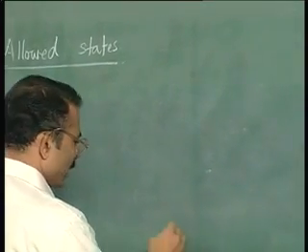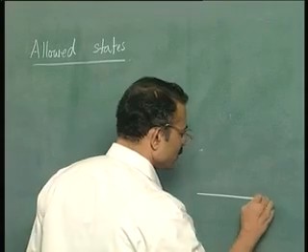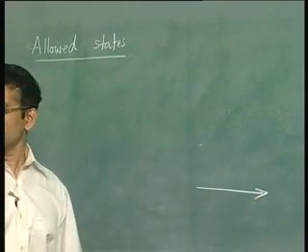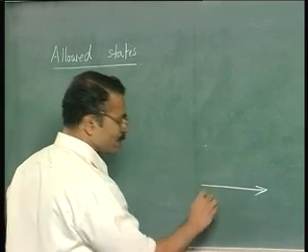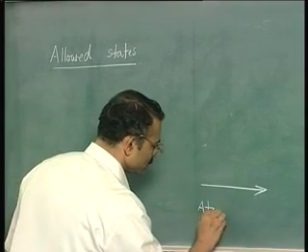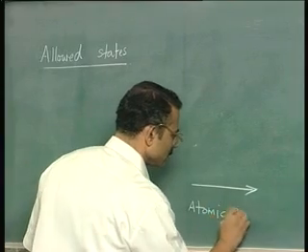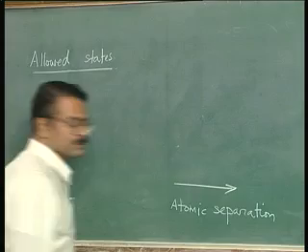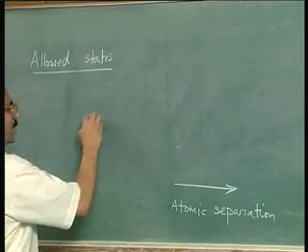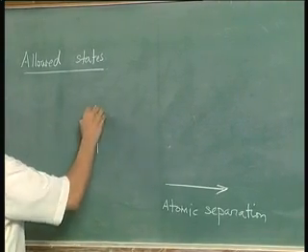So if you were to follow this approach, if I were to sketch on a diagram like this, where the x-axis denotes atomic separation and y-axis denotes available energies or electron energies.